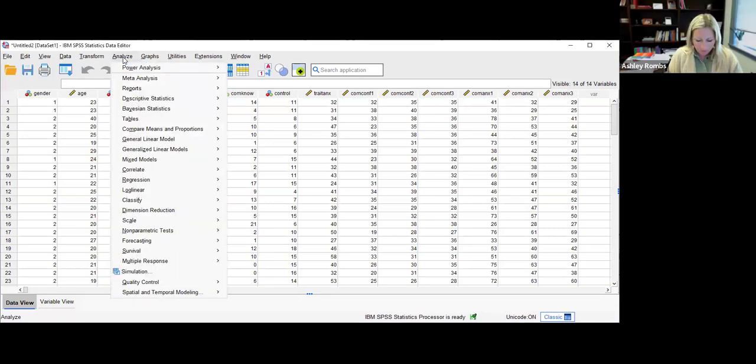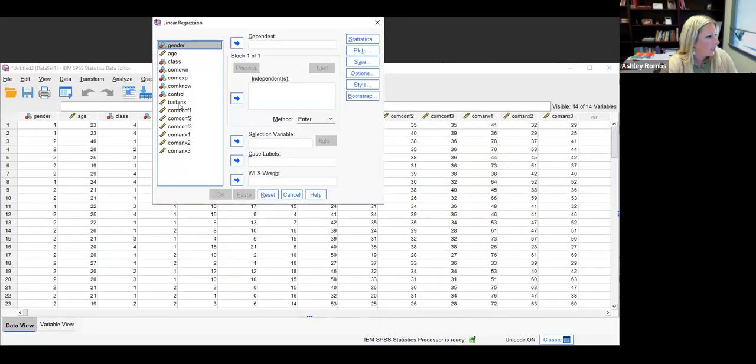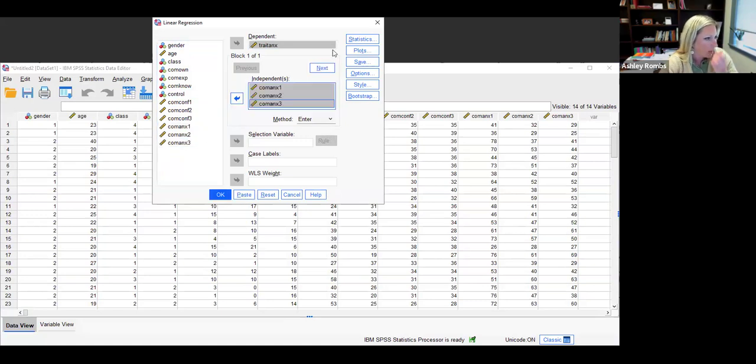Okay, cool. I ran this really fast before we got on here today just to make sure I could still do it, and it was pretty easy. I just did Analyze, Regression, and this is at the back of the instructions. Linear, and then the dependent variable, I did the trait, and then I did computer anxiety 1, 2, 3 for the independent.